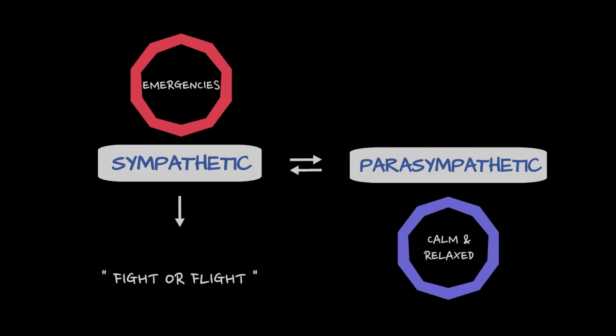The activation of the sympathetic nervous system occurs in conditions of emergencies, and it produces a fight or flight response. The activation of the parasympathetic nervous system occurs during calm and relaxed conditions, and it produces a rest and digest response.